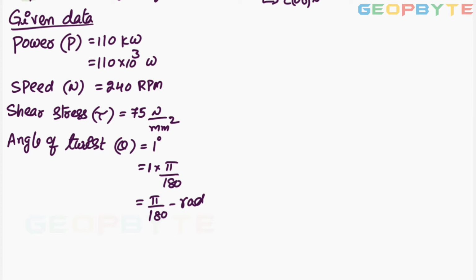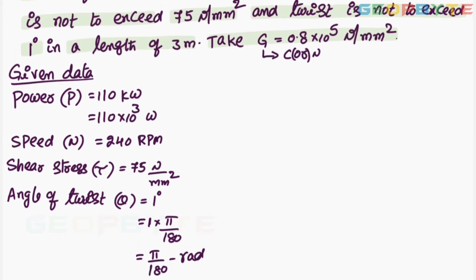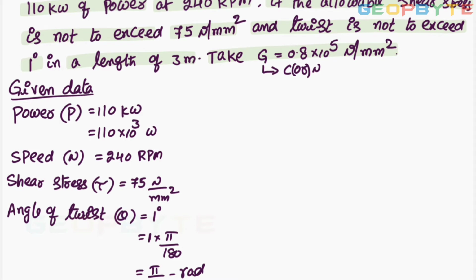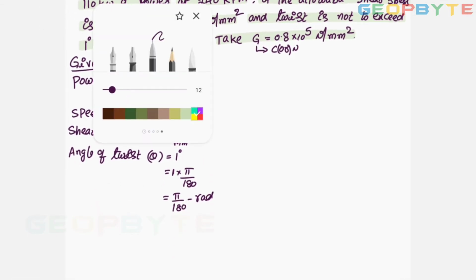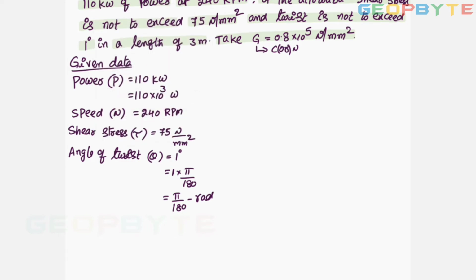Then in a length of 3 meters, length of the shaft is given as 3 meters, equal to 3000 mm.